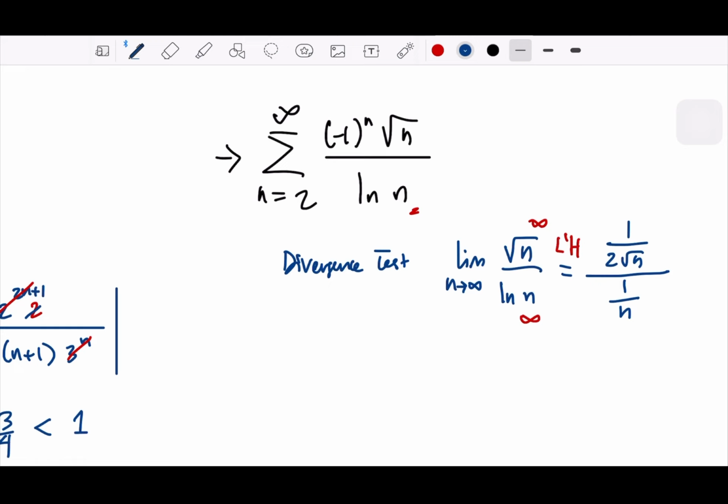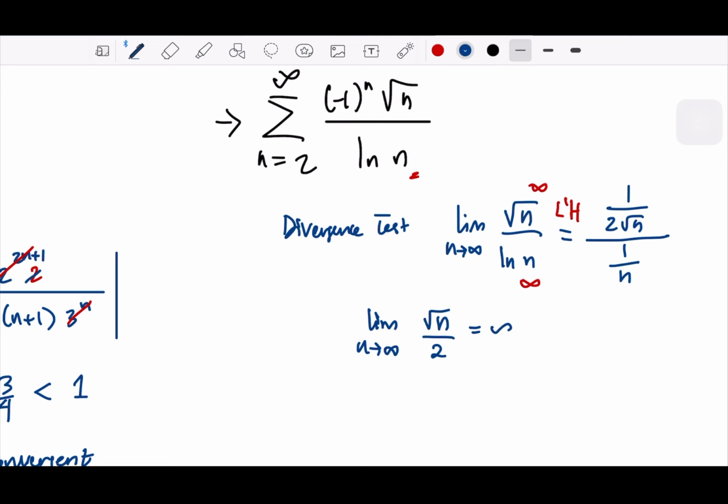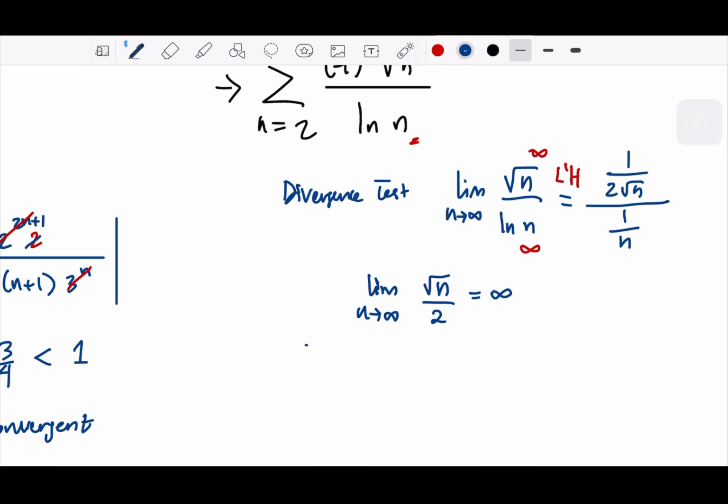So we will have the limit of square root of n over 2, which is going to be infinite. Therefore, by the divergence test, the series is divergent.